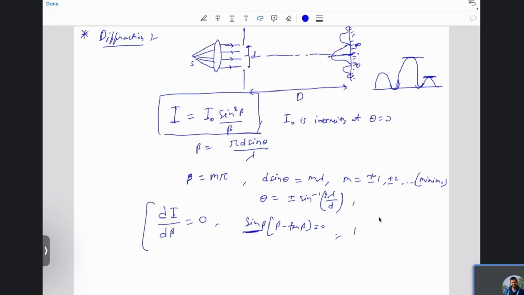And the other condition, which is beta equal to tan beta, will give you the maxima condition, right? So this is it.